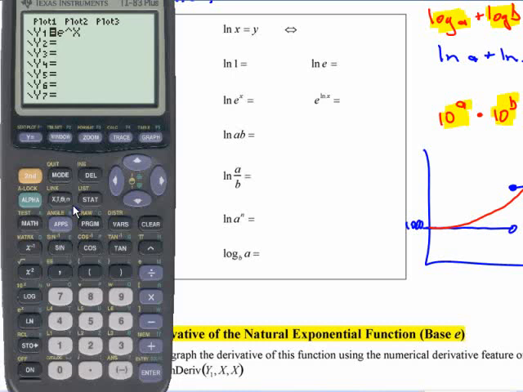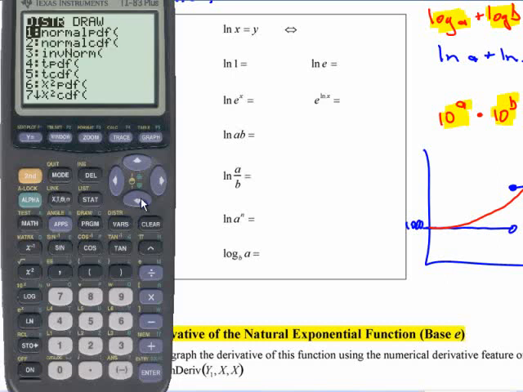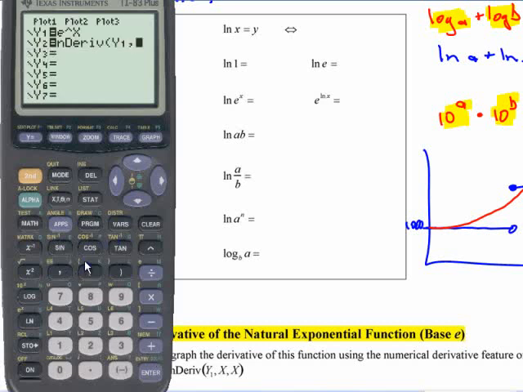We want to know what the derivative of that is. So what we could do is do that numerical derivative thing. Numerical derivative of what's in y1, except not there, variables. It's y, function 1. You want the derivative of, numerical derivative, remember, it just calculates the number at each point.